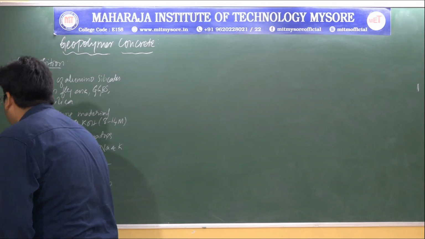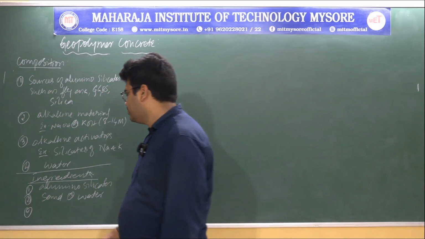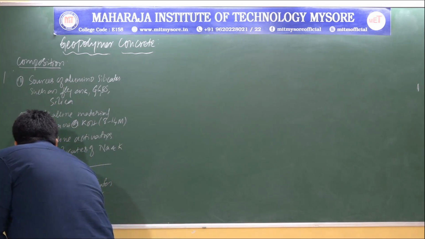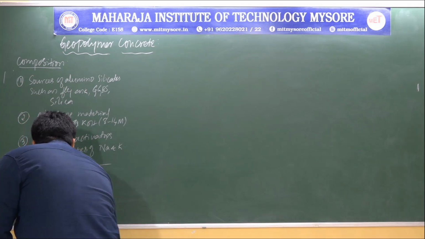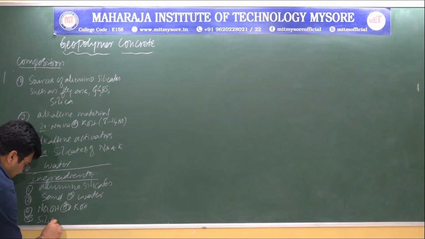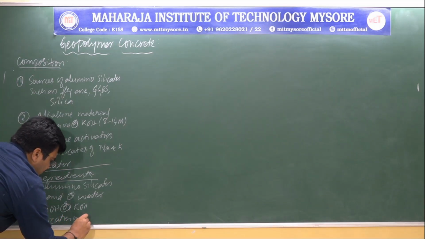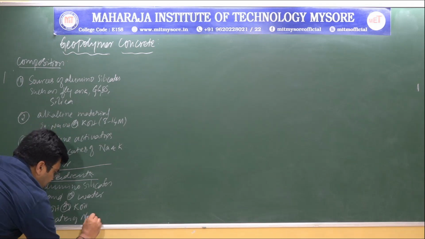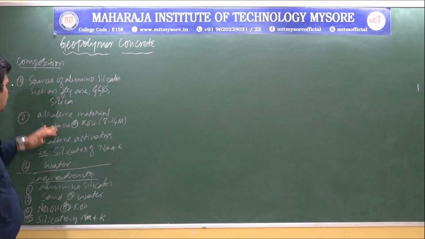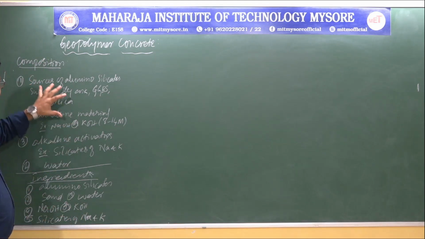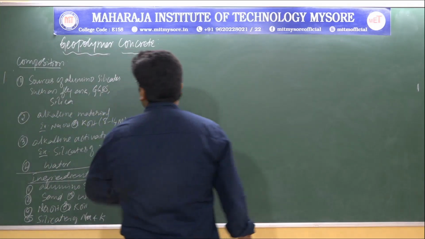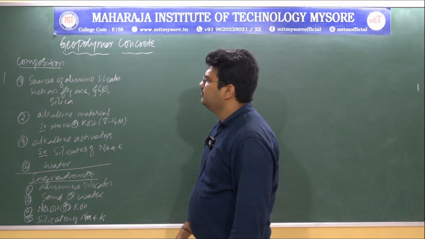The fourth is hydroxides such as sodium and potassium, that is NaOH or KOH. And at last, silicates of sodium and potassium. So these are the same compositions we have taken here in order to synthesize this geopolymer concrete. These are the ingredients that must be used.